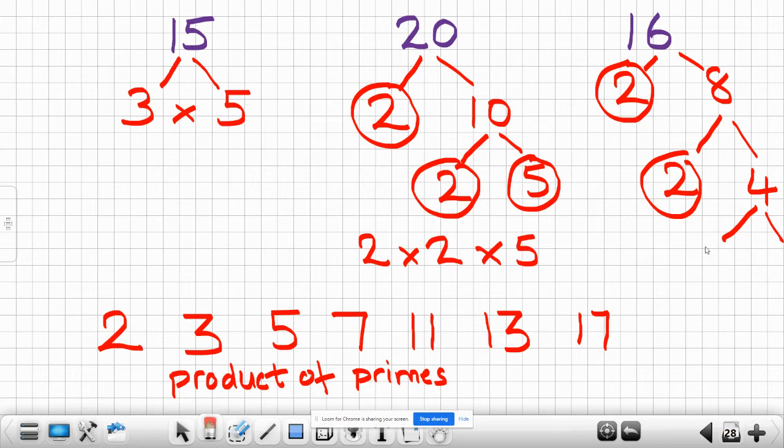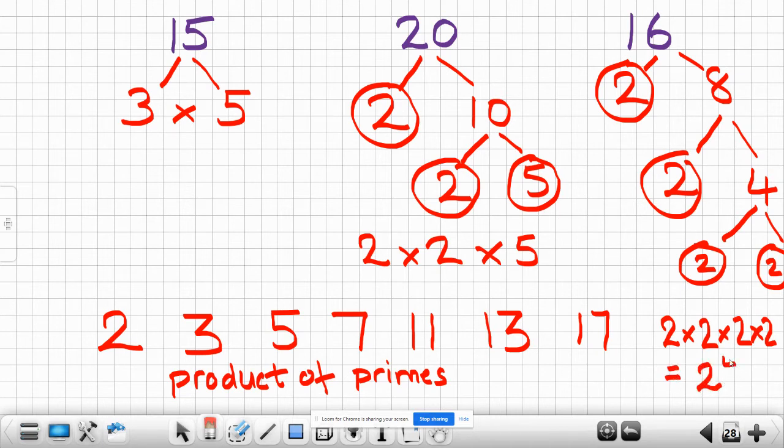And again, 4 is 2 times 2, and now I have broken up 16 into a product of its primes, and it's 2 times 2 times 2 times 2, which I could abbreviate to 2 to the power of 4. If you're not sure about that, that's for another video.